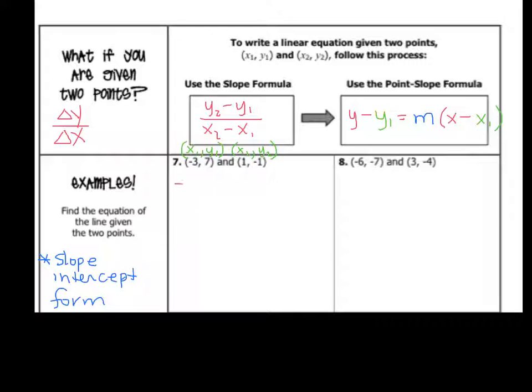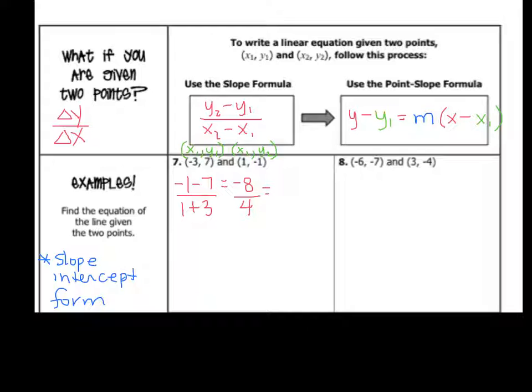If I have negative 1 minus 7, I get negative 8. Then ask yourself, how do I get from negative 3 to positive 1? Or simply subtract: 1 minus negative 3, so it becomes plus 3, which equals 4.